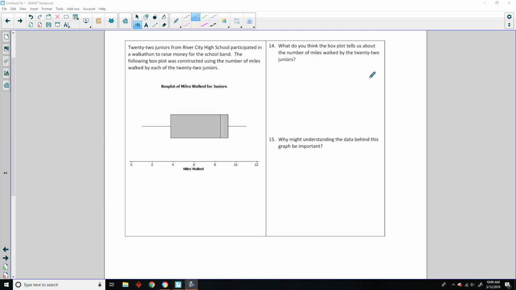Okay, 22 juniors from River City High School participated in a walkathon to raise money for the school band. The following box plot was constructed using the number of miles walked by each of the 22 juniors. So there are 22 juniors, and right here is the minimum. One person only walked about a mile.